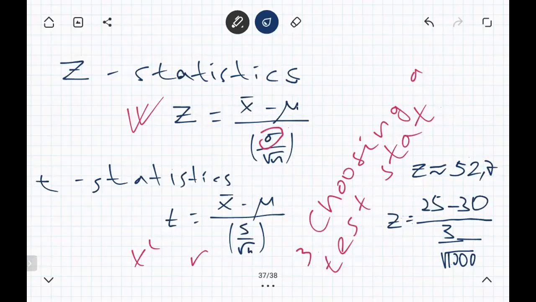It's strange. Did I do anything wrong? No, probably not. So we have our test statistics, we chose Z, and it's 52.7 in this case. Oh, minus 52.7. Let me fix that.